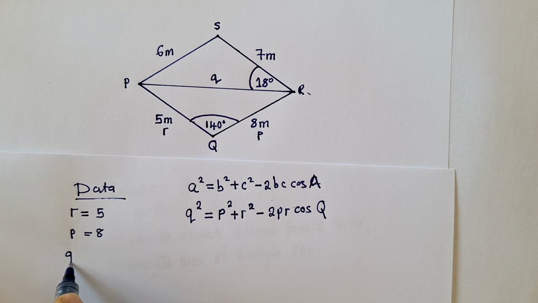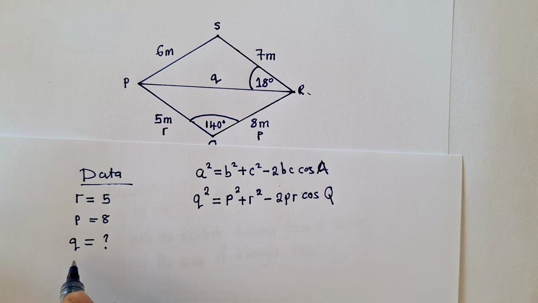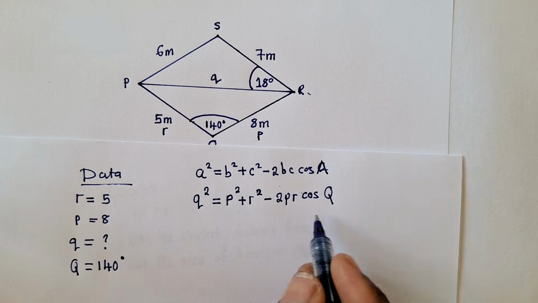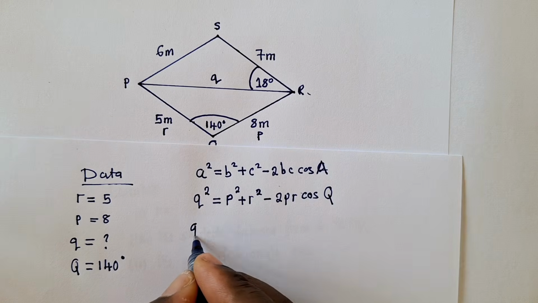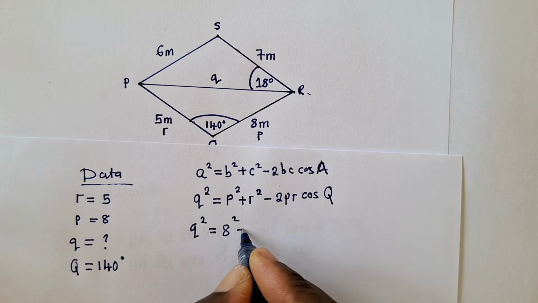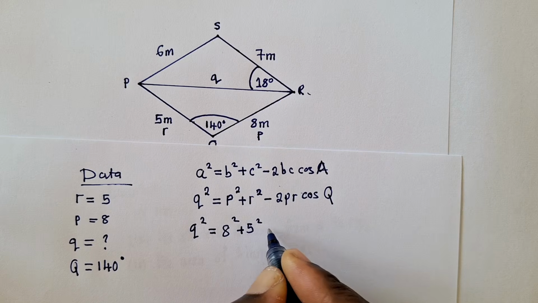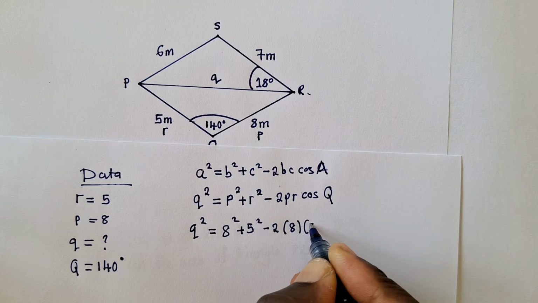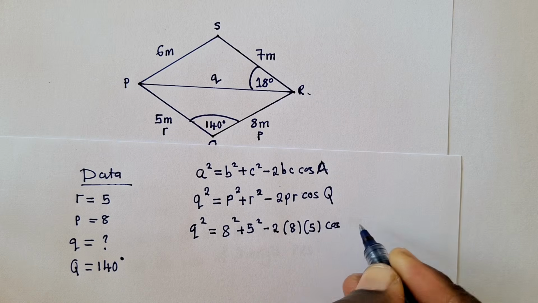For q, it's what we're looking for. We don't know. And for capital letter Q, it's an angle that's 140 degrees. Okay? So now we can plug in: q squared is equal to, what is our p? That's 8 squared plus 5 squared minus 2 open bracket, 8, 5 there, cos 140 degrees.